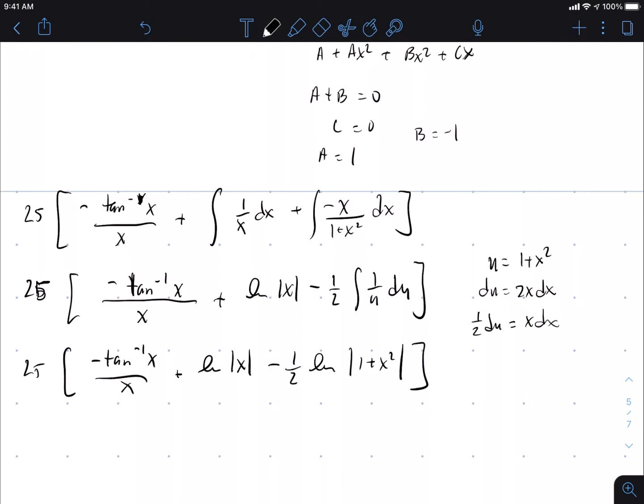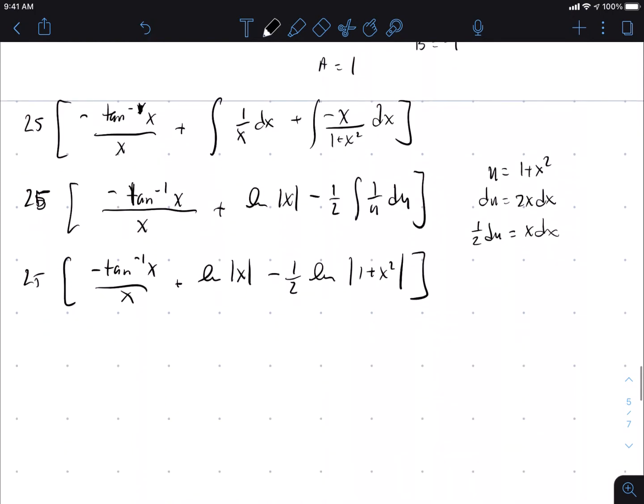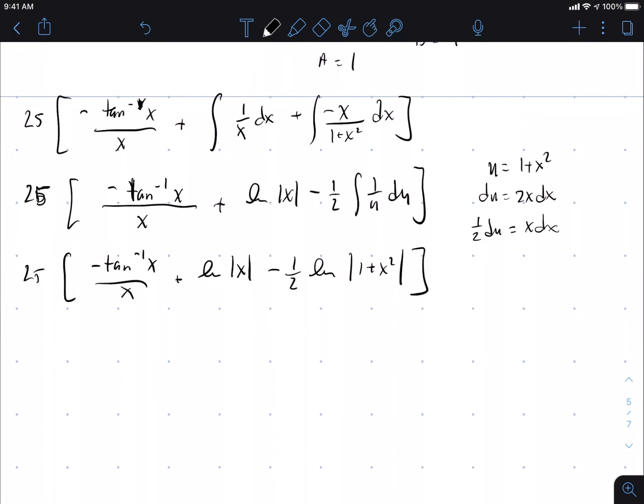Yeah, I think I just forgot the C. Oh, the C? Well, let me finish this off just so you can see it. So 25 negative tan inverse of x over x plus ln of x over root of 1 plus x squared, right?